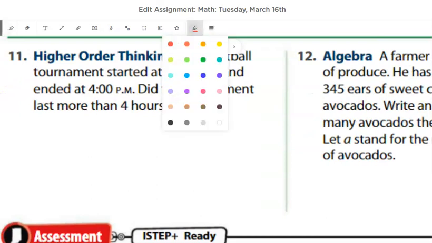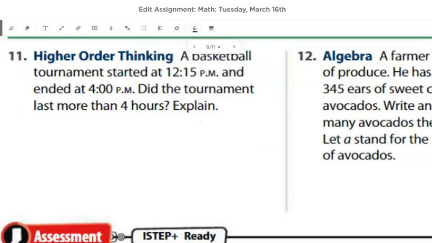Get my pen tool ready. So we can draw our chart. I'm just going to write S for start and E for elapsed time.